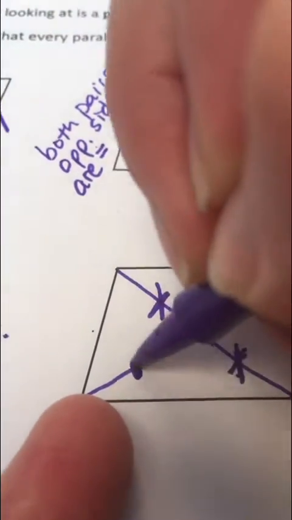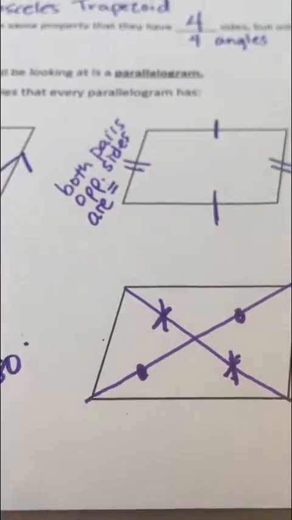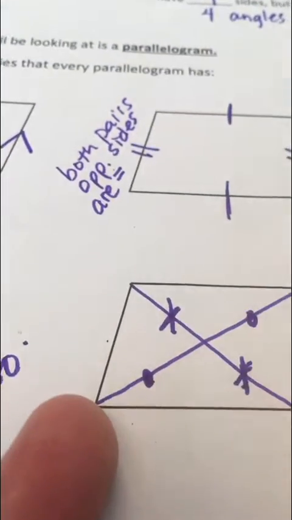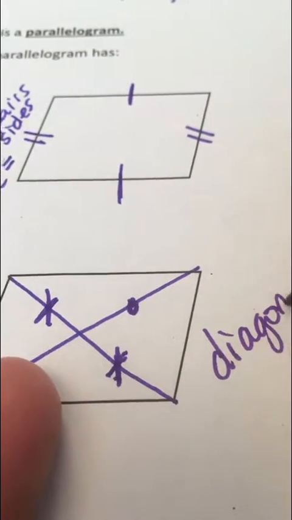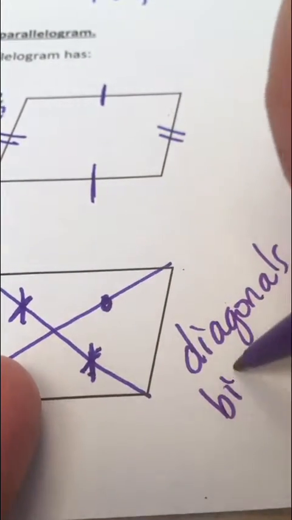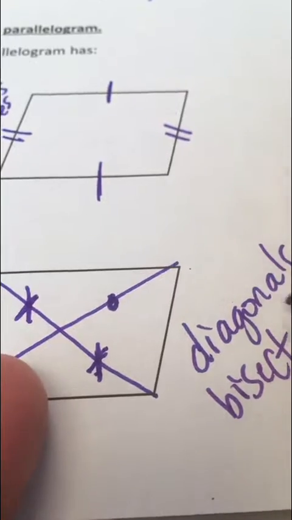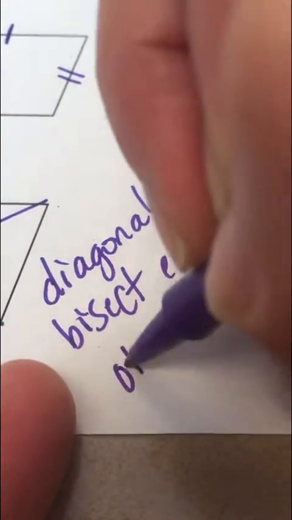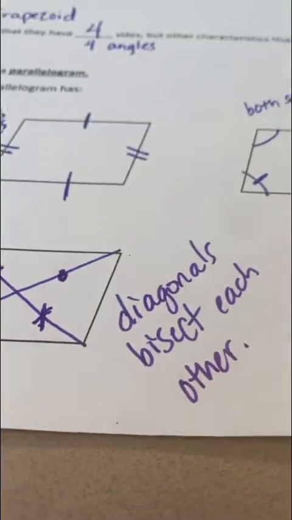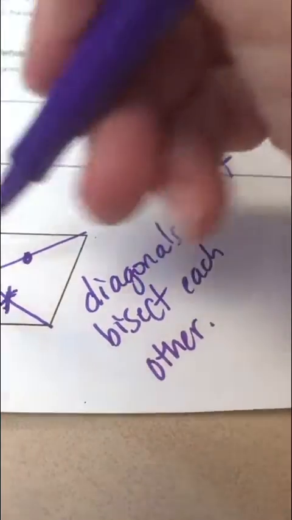So the diagonal is split up into congruent parts. So the diagonals bisect or split each other. Alright, so both diagonals bisect each other. So they're both split up equally.